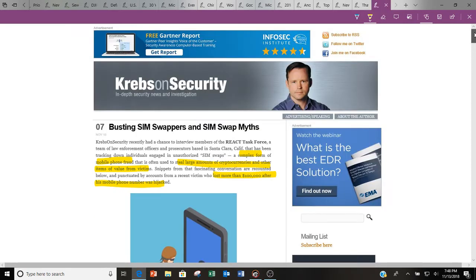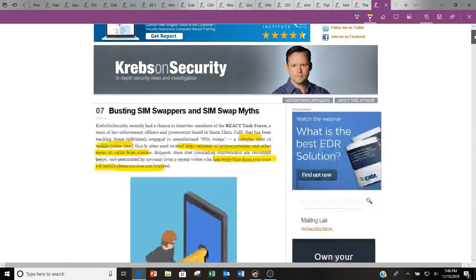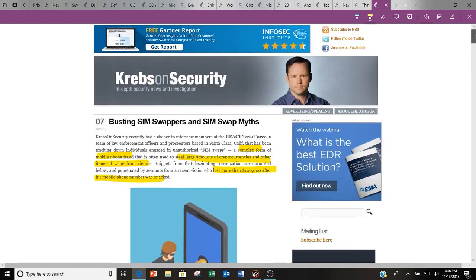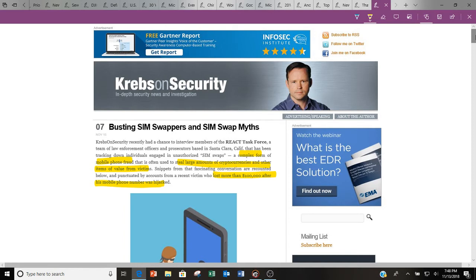And the last thing we'll talk about tonight is SIM swappers. A SIM is the card that you put in your smartphone to give it its phone number and all the other information that your carrier needs. This is a very complex type of cyber attack and is typically only done targeting high value targets.